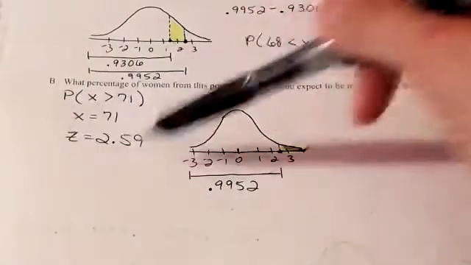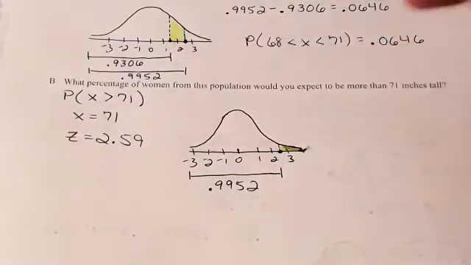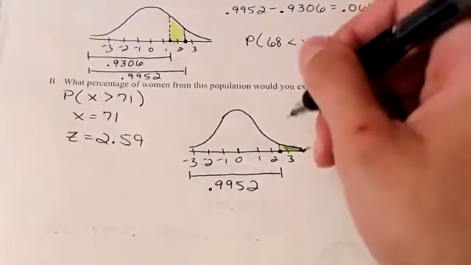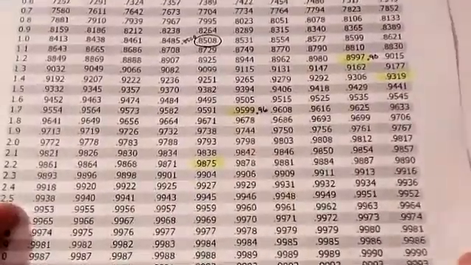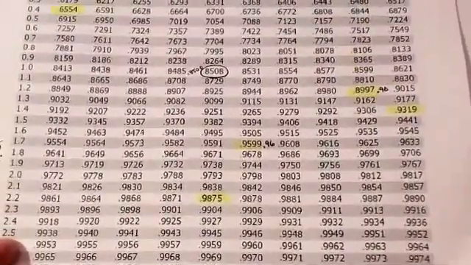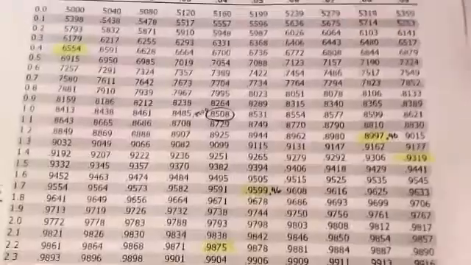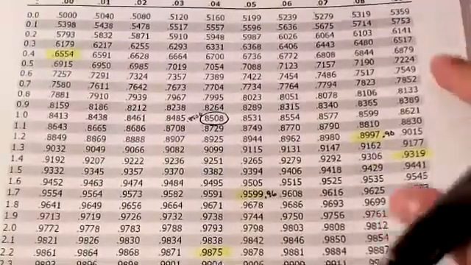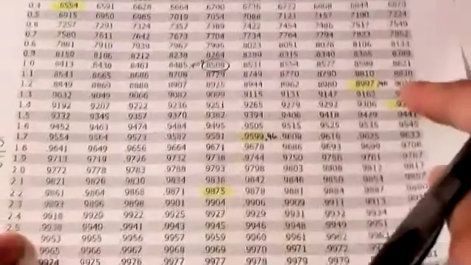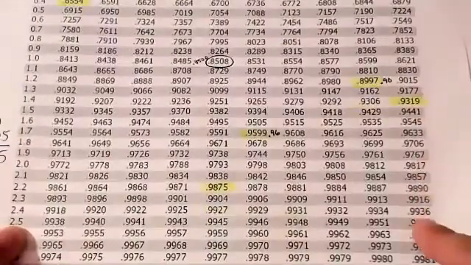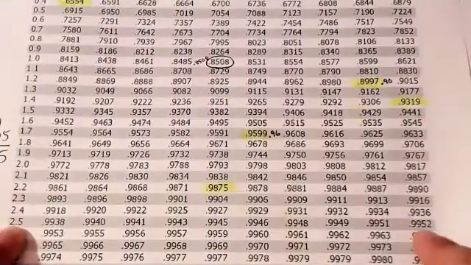I will show it just because it's been a while. So then we would subtract it from 1, yeah? Yes, beautiful. That's exactly correct. Let me show the 2.59. So we have 2.5 here, and then we look at the column header. We know that 9 is the last column. So we follow this to where they match, and then 2.59 is a probability of 0.9952.